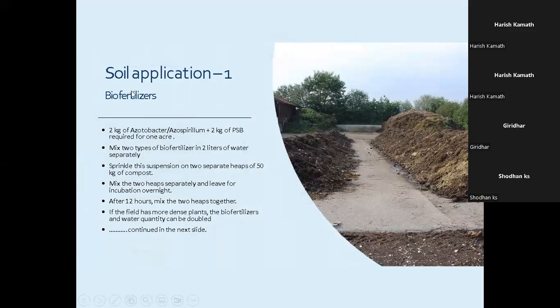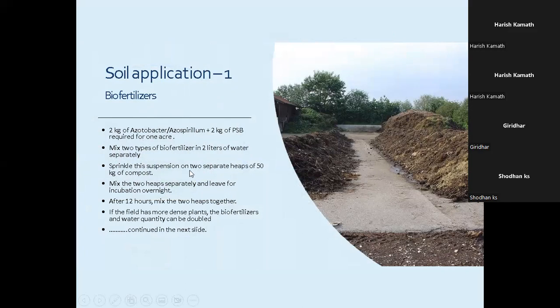Now for biofertilizers, if you want to apply in the main field, take 2 kg azotobacter or azospirillum, anyone you can take, and then 2 kg of phosphate solubilizing bacteria. This is required for 1 acre, and these two you have to mix in 2 liters of water thoroughly, mixed separately.